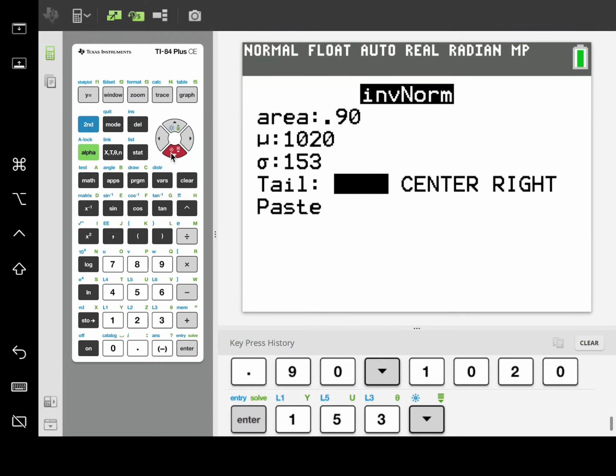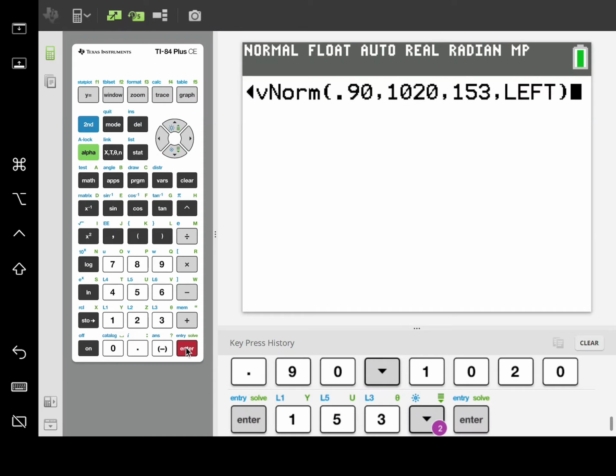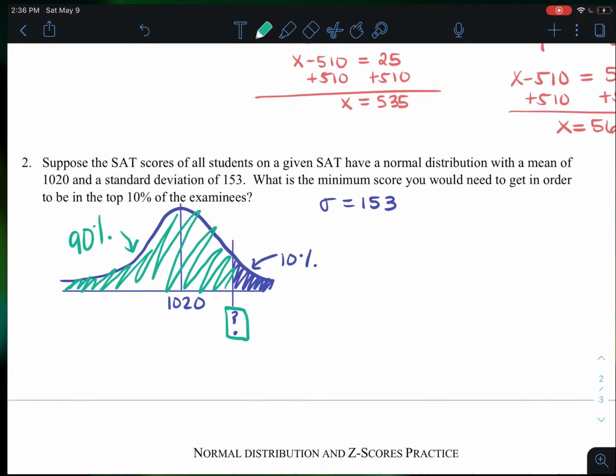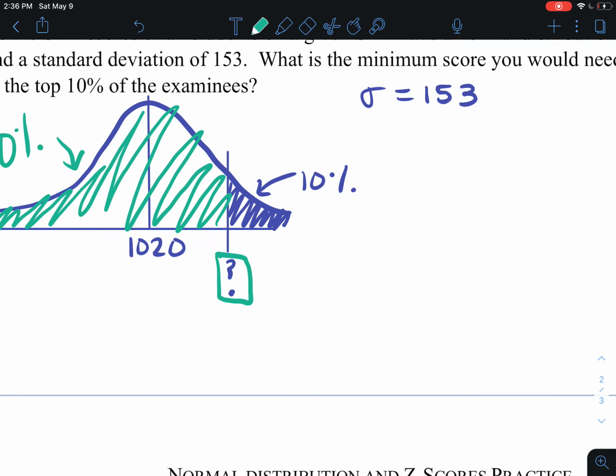Now again, if you have this option, tail, leave it on left. If you don't have it, your calculator is assuming you're only basing it on the area to the left. And what this just did for us was it actually calculated that missing score. That 1216 is the score that you would have to earn on this test to be in the top 10%, or the minimum score, right?